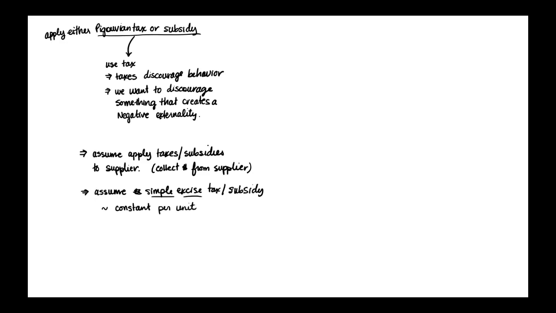So regardless of the fact that the marginal external cost is going up, we're just going to have the same tax on the first unit as the second unit, as the third unit, as the fourth. So all units are going to be taxed at the same amount. But it's not the only way to do it. But this is the easiest way to graph it. All right? So now, let's go back to our graph.